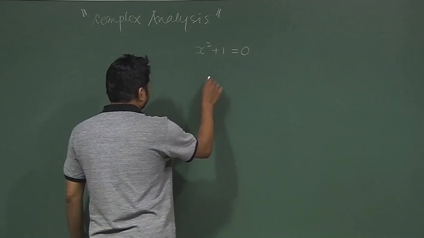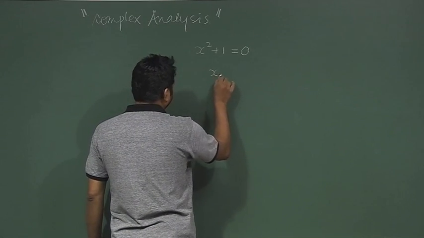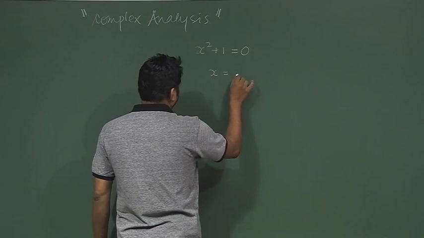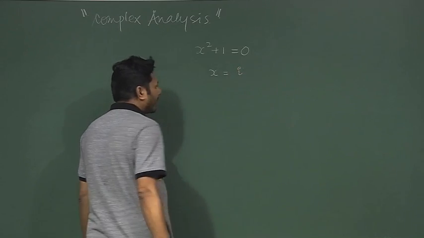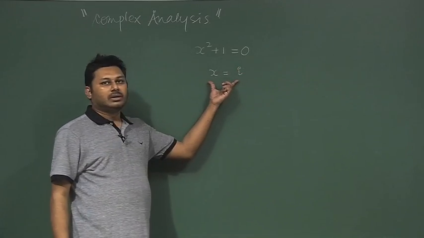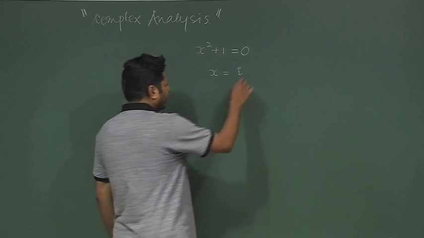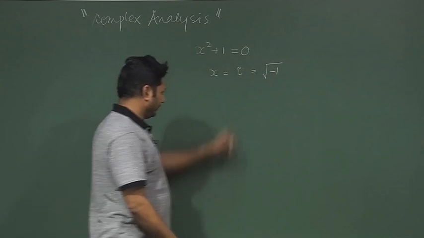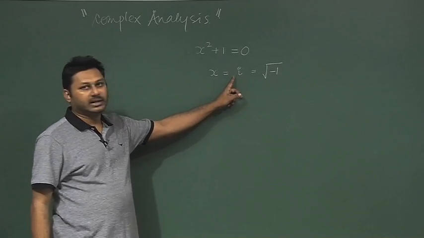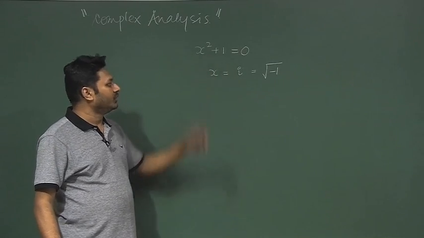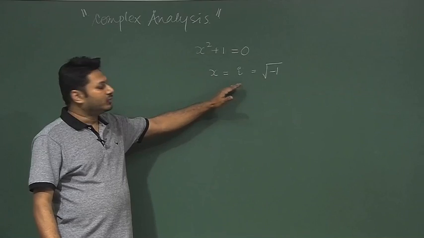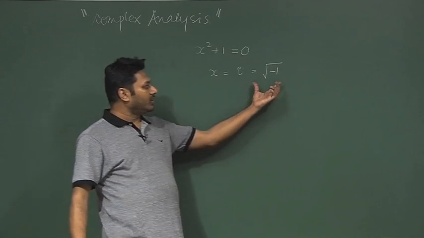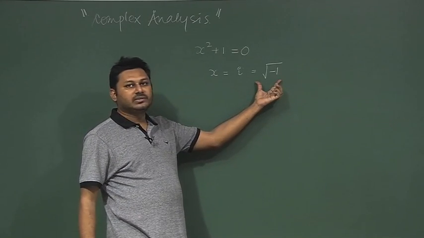So, basically there is a solution, x is equal to i. What is i? This i is root over of -1. You can put a plus-minus sign here also, but I am taking just i to keep this simple. So, root over of -1 is some number which is complex.